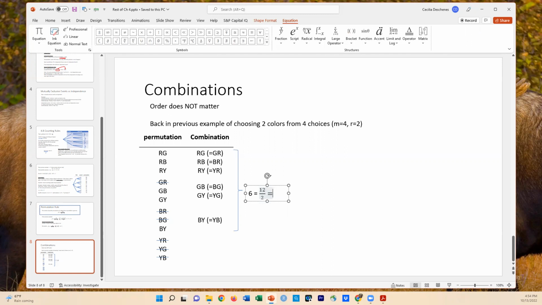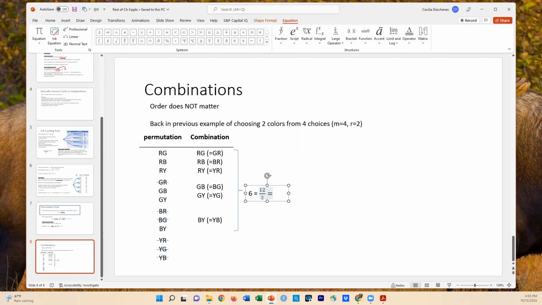And you're like, okay, why did you do that? It's because I'm trying to see how, or motivate where, the combination rule comes from. And 12 was the number of permutations. So I'm trying to see, how do you go from 12 to 6 using the previous rule?